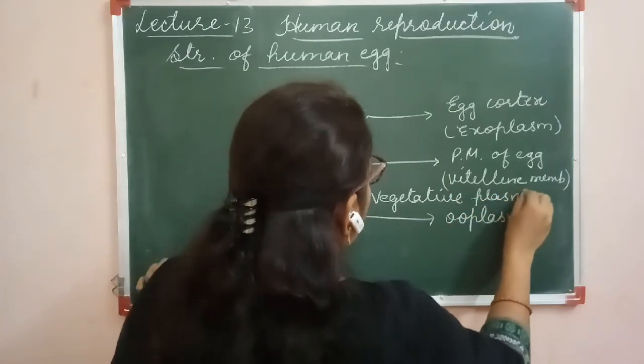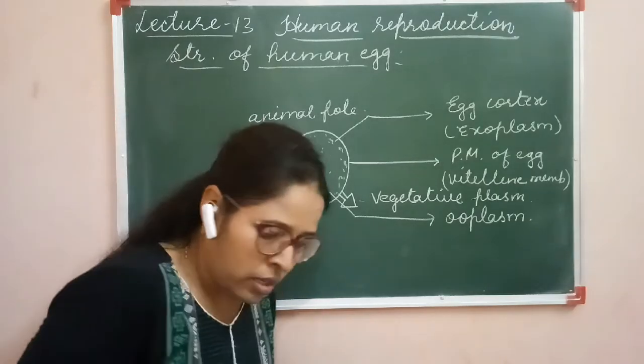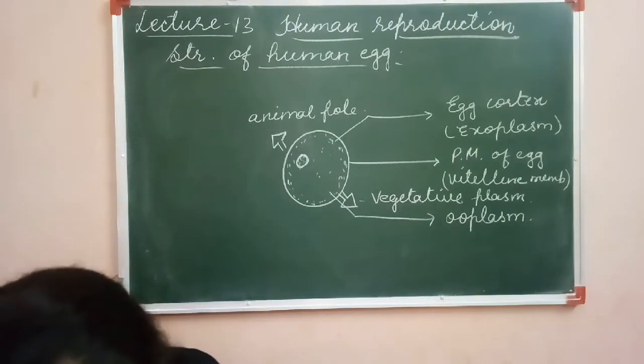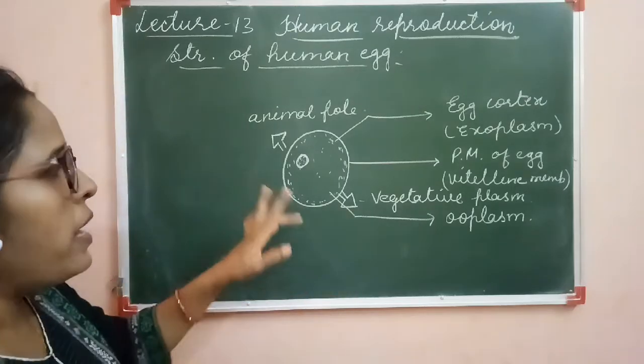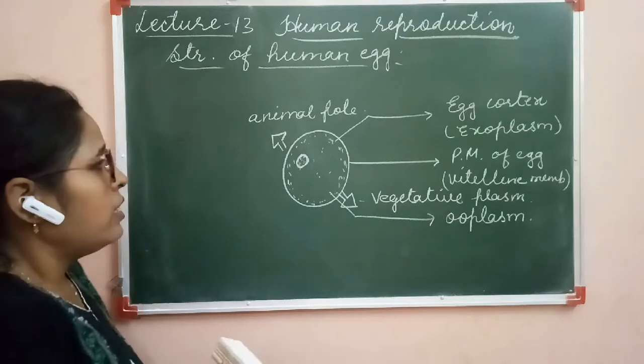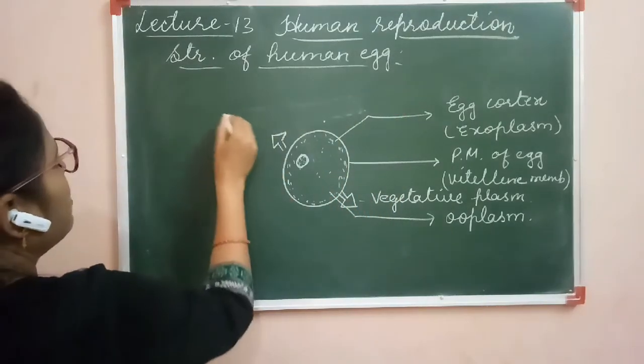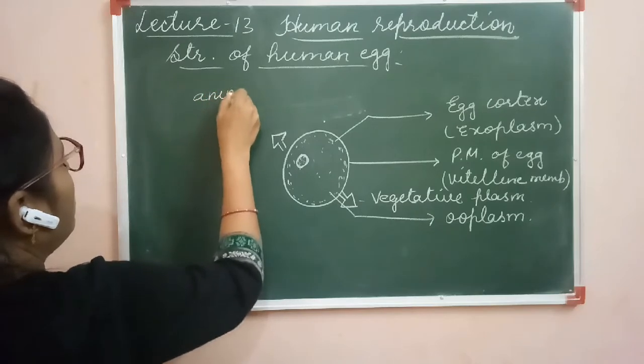The ooplasm of the egg contains all the cell organelles. Clear? The ooplasm has all the cell organelles inside it. I am writing the animal pole here. This is the animal pole.